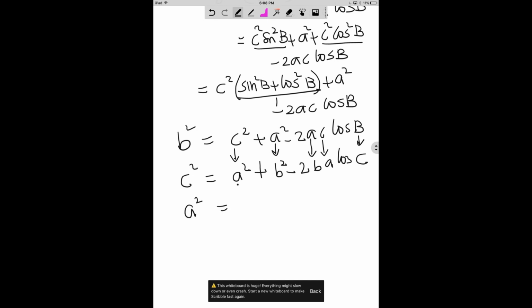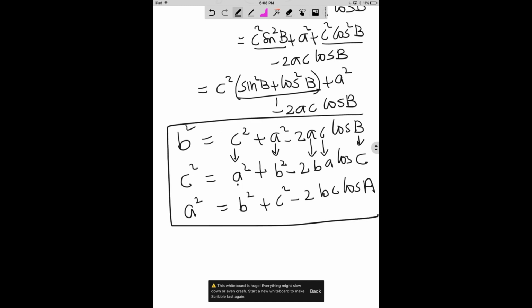The second formula: a square is equal to b square plus c square minus 2bc cos A. So these are the formulas of the law of cosines, the cosine formula.